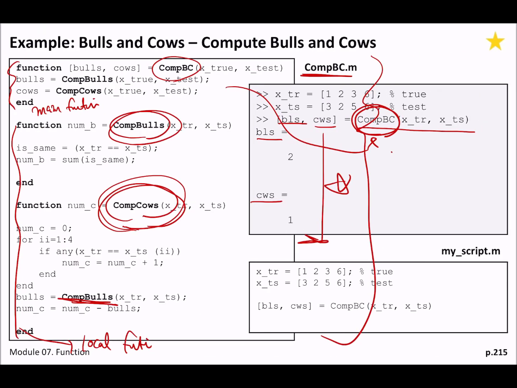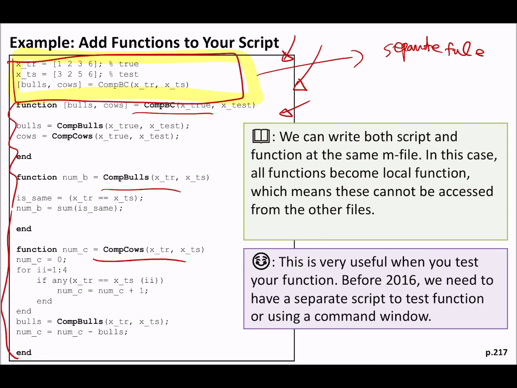Here you have this script, you have this compute BC function, right? But to test this function, you need to have this command window, or you have this my script, right? But you don't need this separate file to test your function. That is very useful.